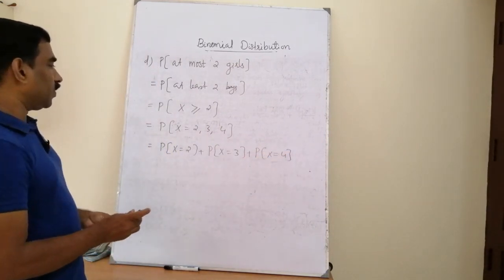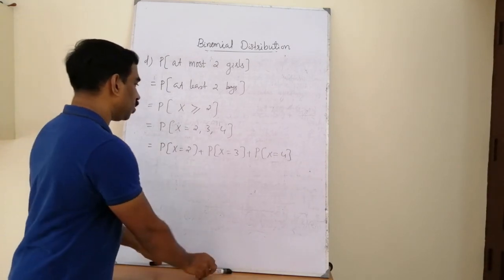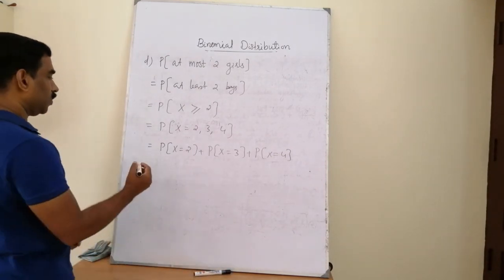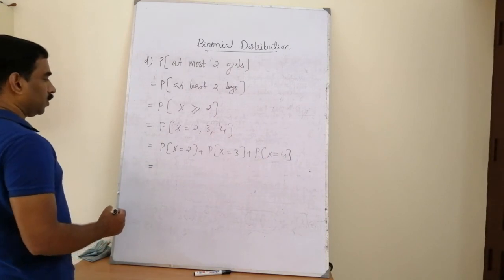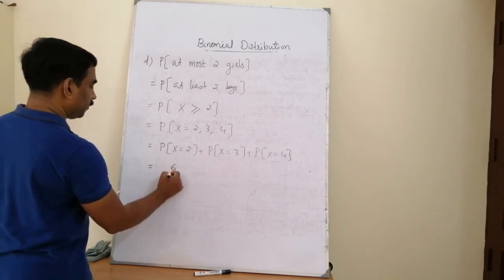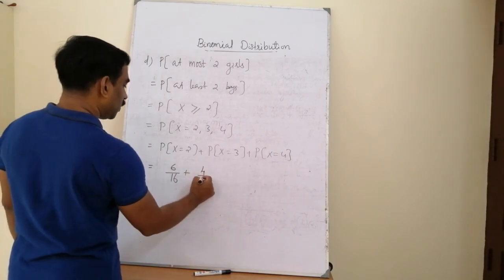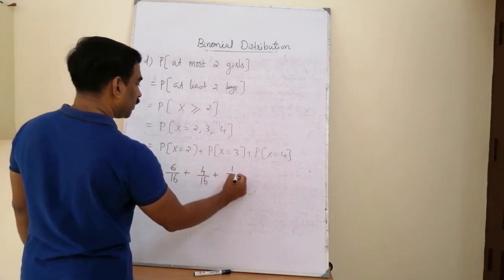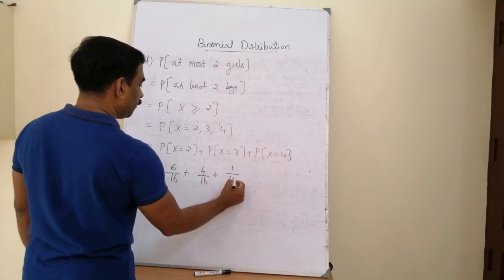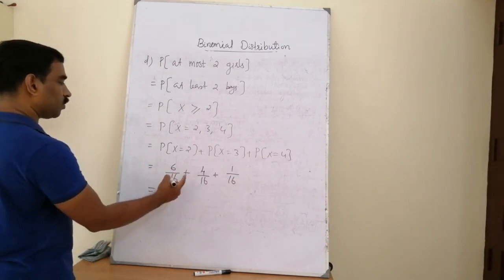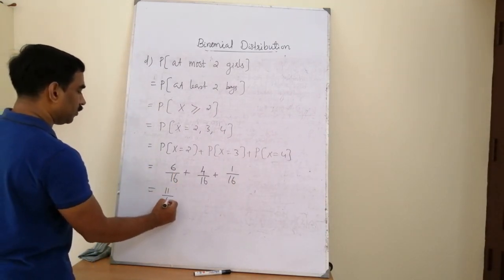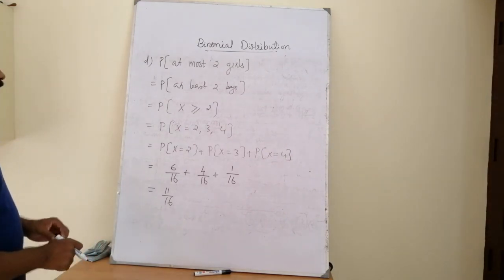So we have already evaluated the first and third probabilities, P(X = 2) and P(X = 4). So this is equal to 6 by 16 plus 4 by 16 plus P(X = 4) is 1 by 16. So altogether we have 6 plus 4 plus 1, that is 11 by 16, is the probability.